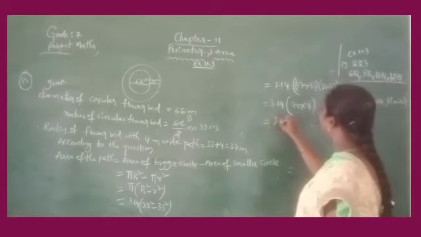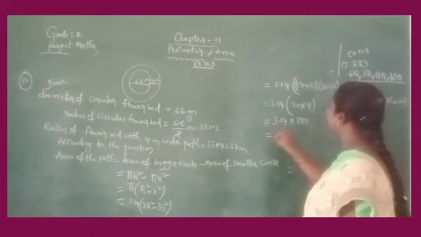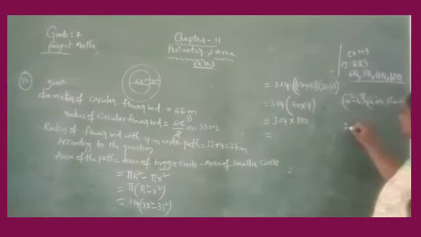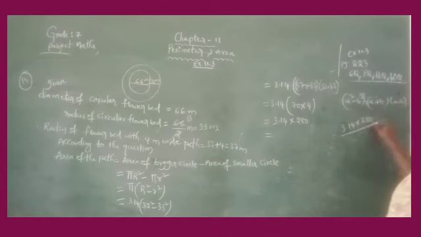Then 3.14 into 70 times 4 is 280. Now multiply by 280. 3.14, so that is 0. Next, 8 fours 32, 8 ones 8 plus 3 is 11, 8 threes 24 plus 1 is 25. After that, leaving the tens place, 2 fours 8, 2 ones 2, 2 threes 6.